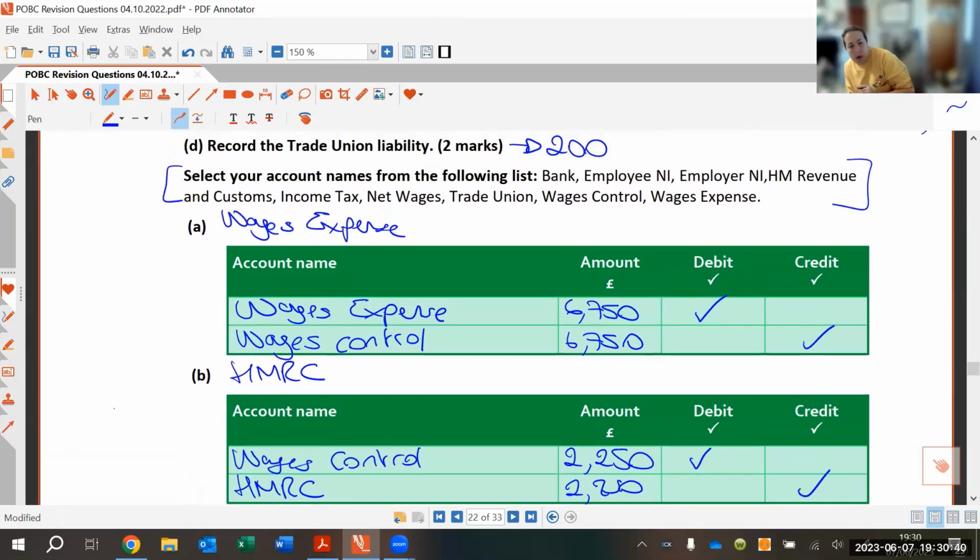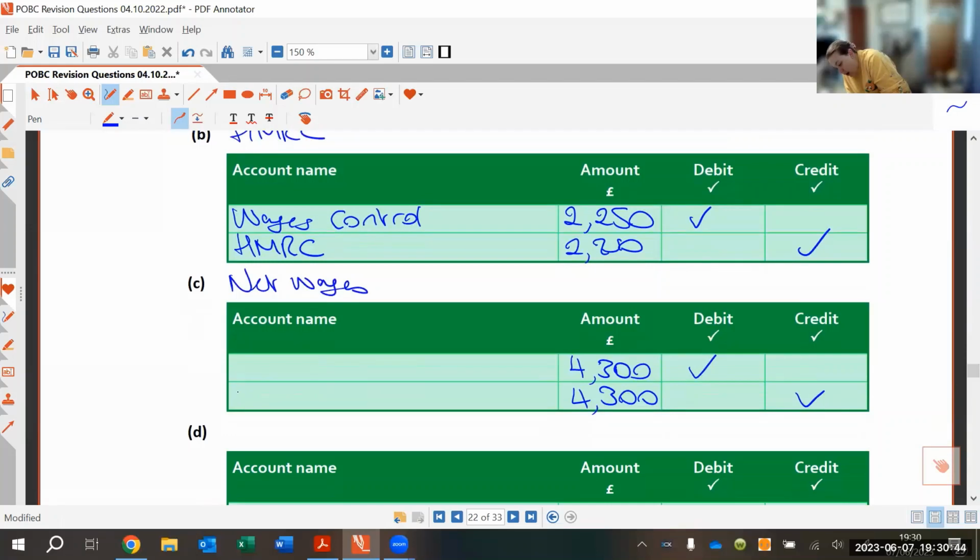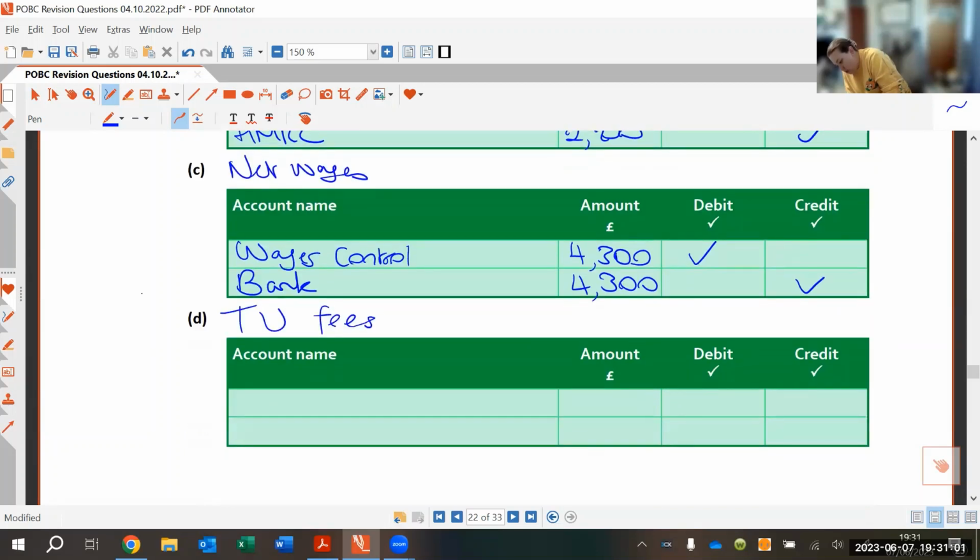What we're going to debit, what we're going to credit. Yes, spot on. Well done. Yeah, credit the bank. Don't mess about with net wages. Just go straight for the bank, and then wages control. It's another debit. It's another reduction on that wages control account. And then the last one is the trade union fees, which is like £200.